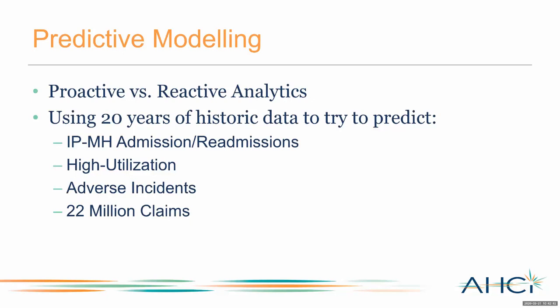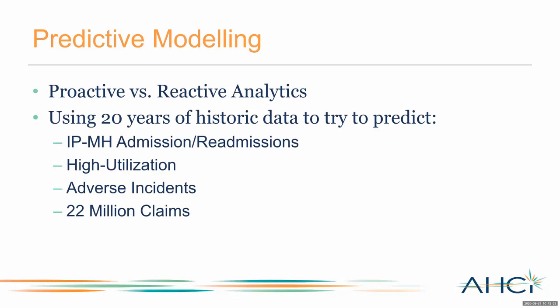But that's something that probably everybody struggles with in terms of modeling. But predominantly what we've traditionally looked at are predicting high utilization and predicting inpatient mental health admissions and readmissions.